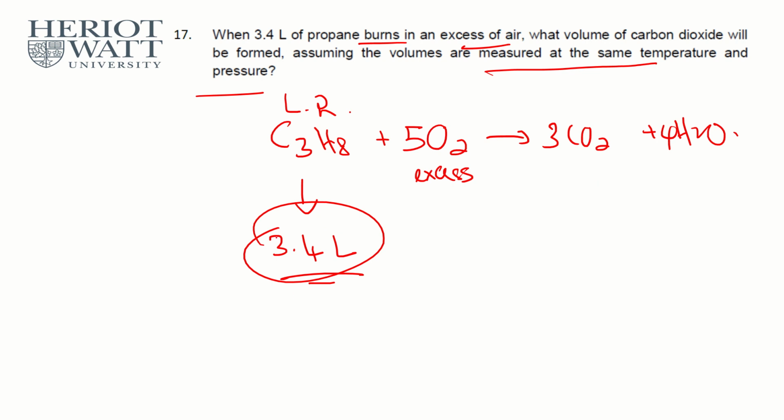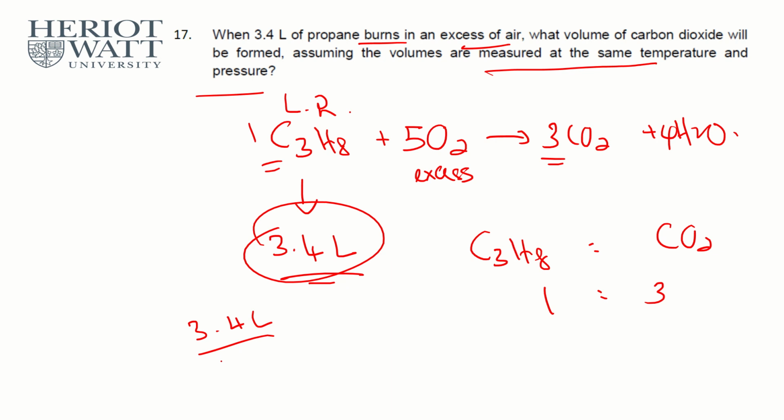Now, how do we know the mole here? The mole ratio of C3H8 to carbon dioxide gas is 1 to 3. See that? 3 here, 1 here, of course. So the ratio is 1 to 3. Usually I will do this: if it is STP, I use 3.4 liters over 22.4 dm cubed. You get the mole, and from the mole you times 3.